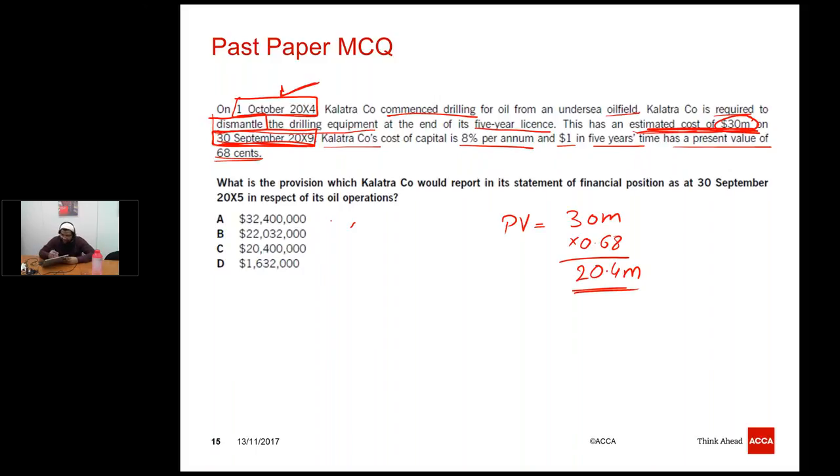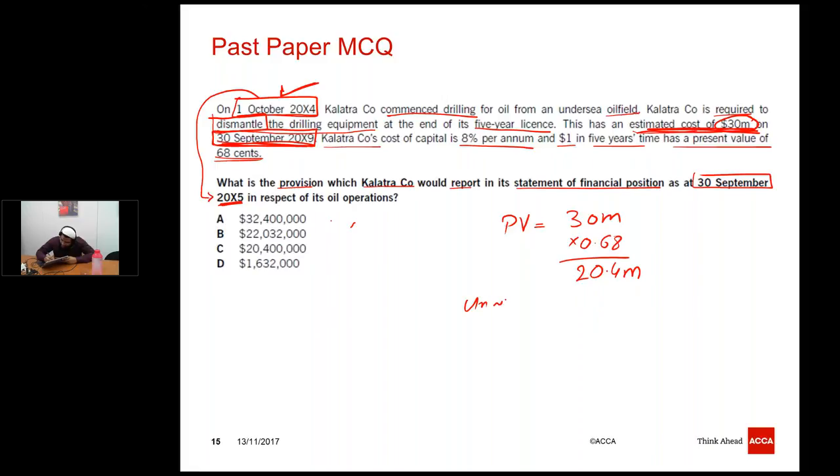Now the question asks what is the provision which Caletra company would report in its statement of financial position at 30th September 20x5. This date is very important because the question is asking for the value after 1 year, so we need to unwind it for 1 year.